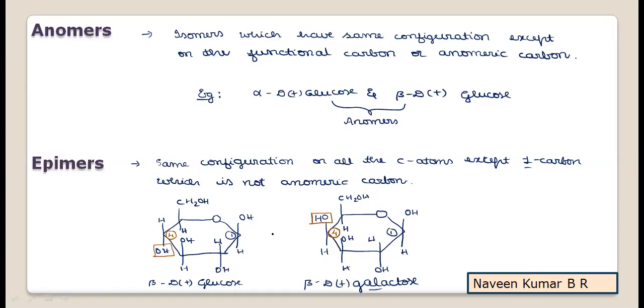Hence, beta D glucose and beta D galactose are said to be epimers. You can also write alpha D glucose and alpha D galactose. When comparing both, you take them in the same configuration and show the difference in any one configuration. Now, galactose is said to be an epimer of glucose.